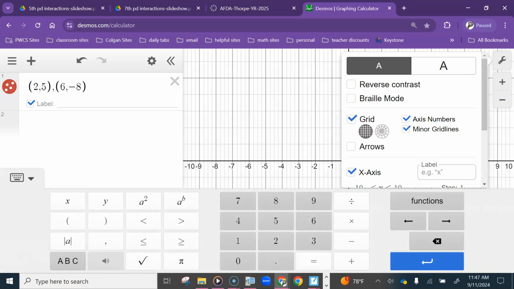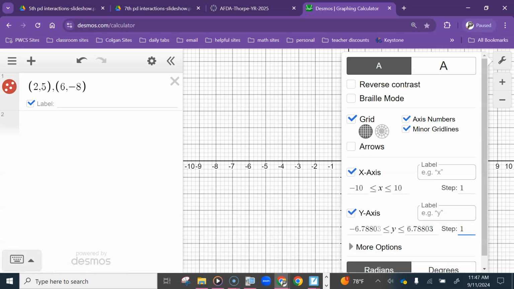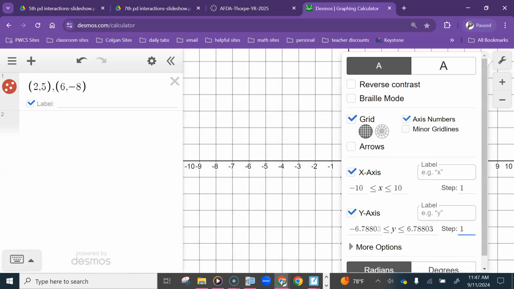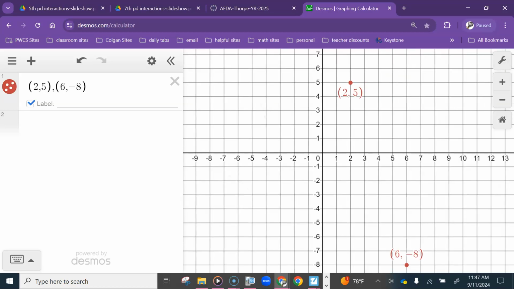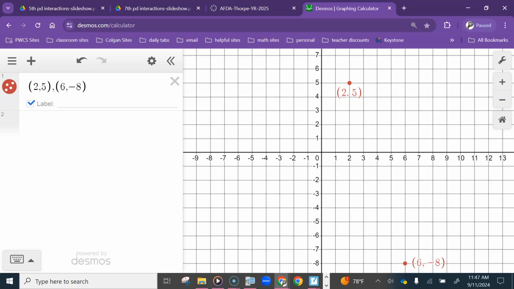This way. There we go. Okay. So if you take off the minor grid lines, add in step 1 for both the X and Y, you can see this even if you zoom in, zoom out. That way the numbers disappearing doesn't confuse you. But then you would just count your slope. That's a good way to double check yourself. Okay? If you didn't grab an iPad, go do that.